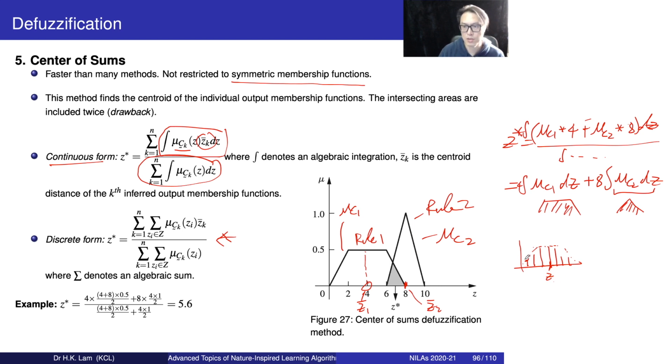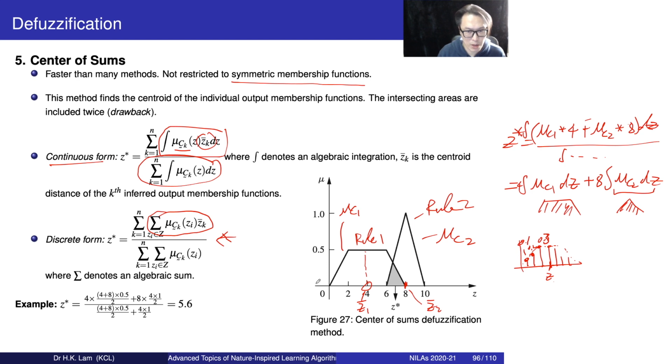So when we talk about the summation of all mu c, it means that we are going to sum up all these points. For example, this is 0.1, this is 0.2, this is 0.3, and so on. That means we are going to sum up all these y values, and then multiply by the centroid right here. I'm going to demonstrate this idea in the tutorial question.